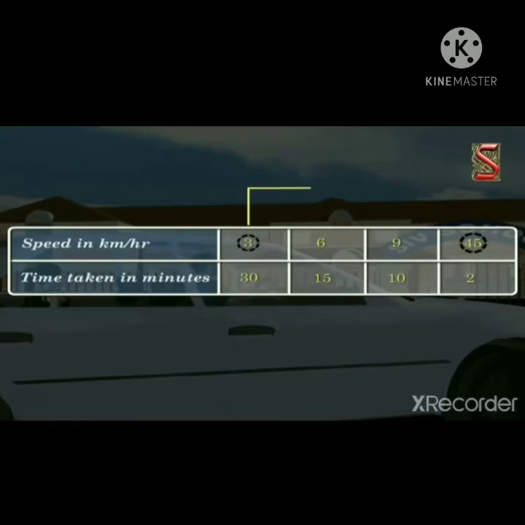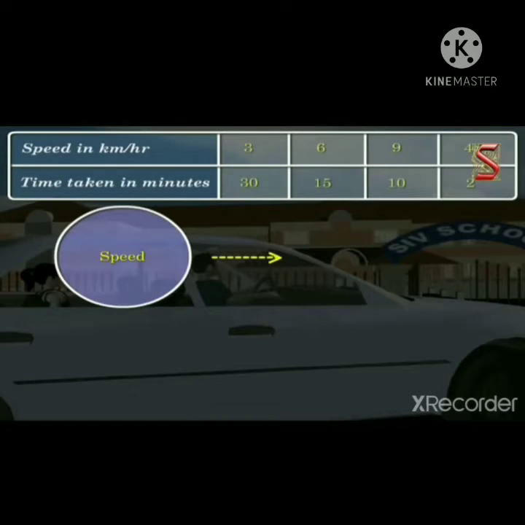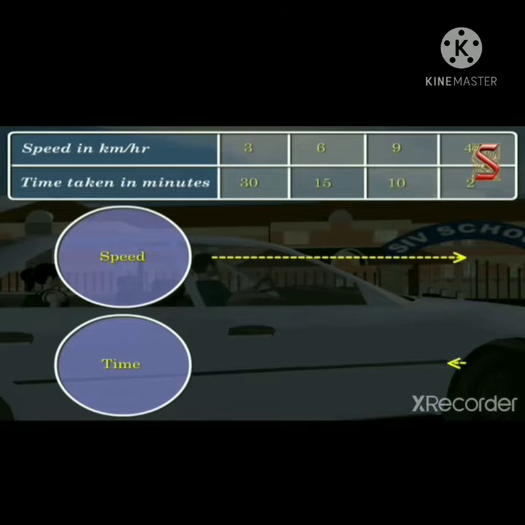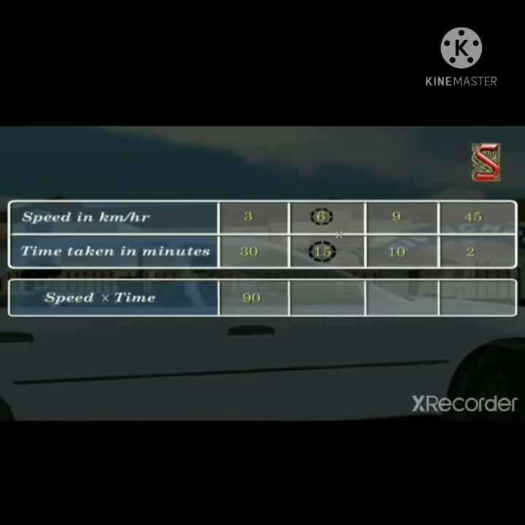And if the speed is increased by 15 times, then the time taken is decreased to 1/15. Or we can also say that as speed increases, time decreases in the same ratio. Now we see that speed into time is the same in all conditions. So speed into time is equal to a constant.